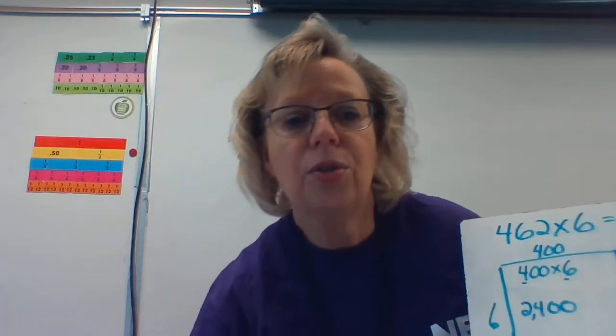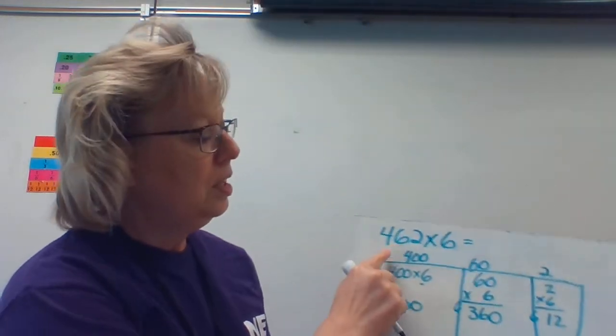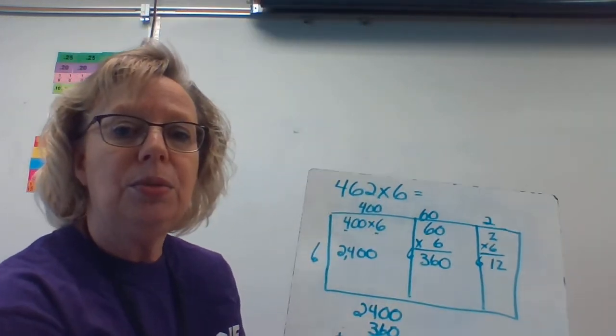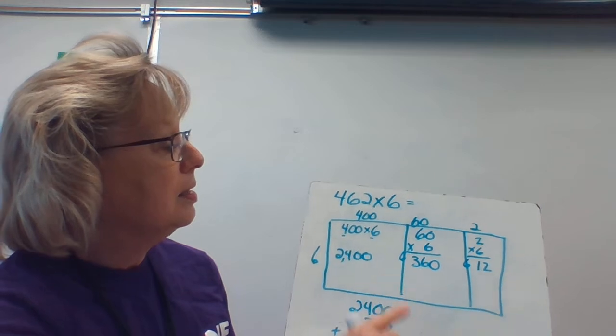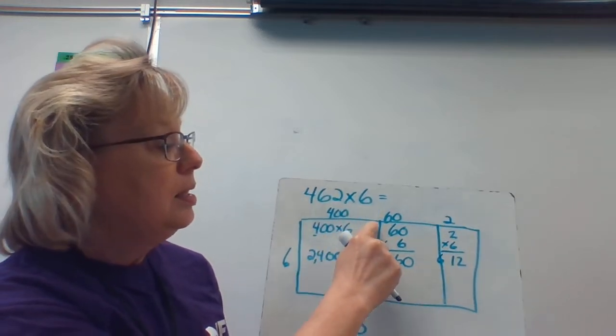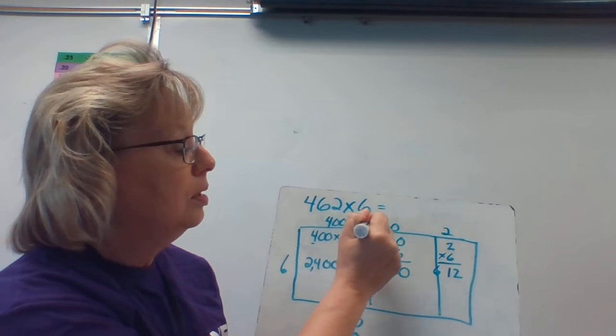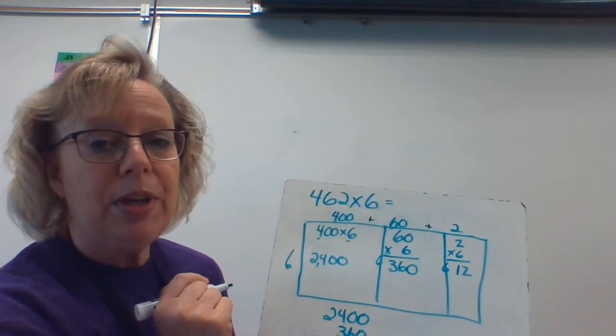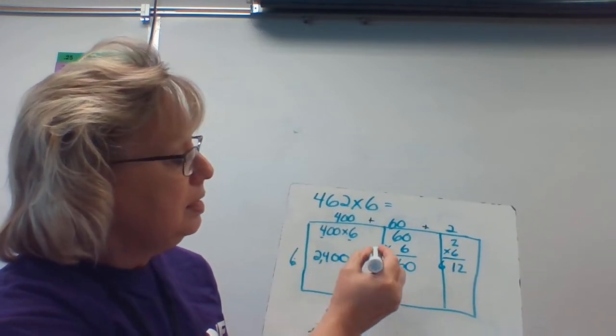Okay, so here's an example going to 3 by 1 digits, 462 times 6. So expanded form, 400, 60 and 2. That's how I've broken that up. Times 6.